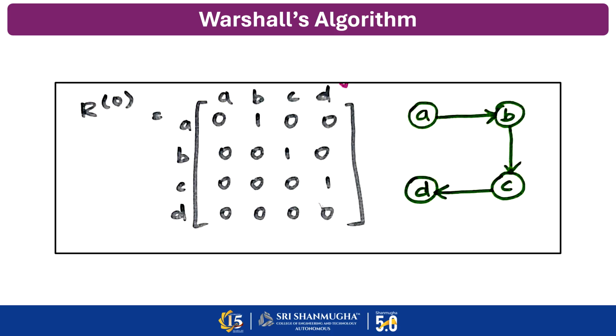The matrix which we have constructed, or the matrix which is given already, whatever may be, is termed the adjacency matrix. And initially the matrix is named R0. First, we are going to construct R1, that is, for the first vertex as an intermediate vertex.